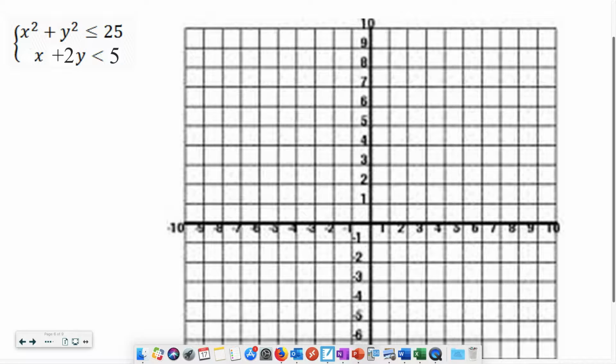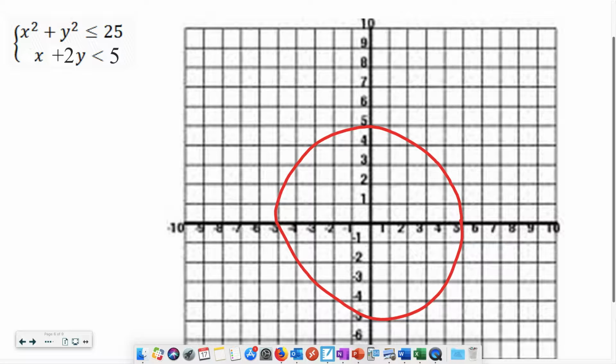What does that look like? A circle with radius 5.